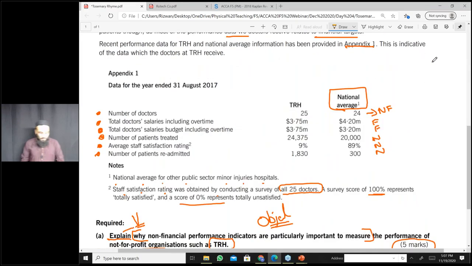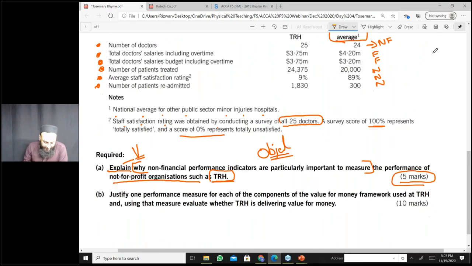Okay, now the 10-mark requirement. Let's identify the verbs and objects. It says: justify one performance measure for each component of value for money used at the company, and using that measure, evaluate whether TRH is delivering value for money or not.